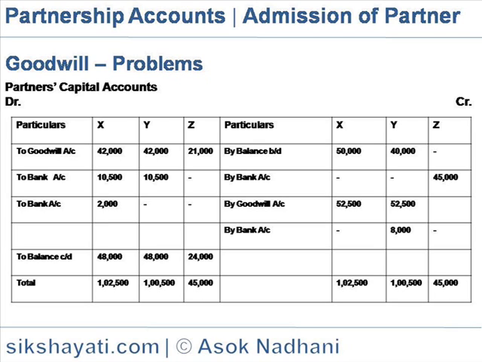Bank account, the amount of Z's share taken by X and Y, 10,500 and 10,500, and X would be debited 2,000, the excess amount withdrawn by him. So the balance would be carried down: 48,000, 48,000 and 24,000, which are in proportion to their profit sharing ratio.